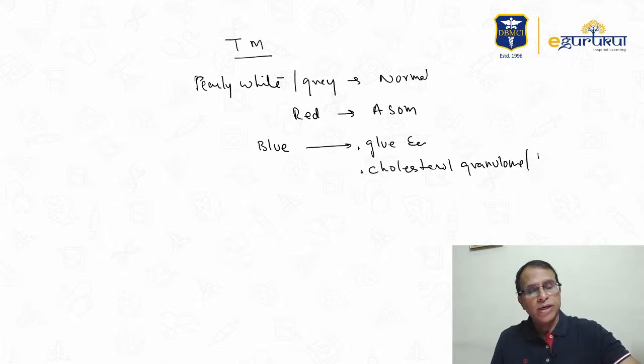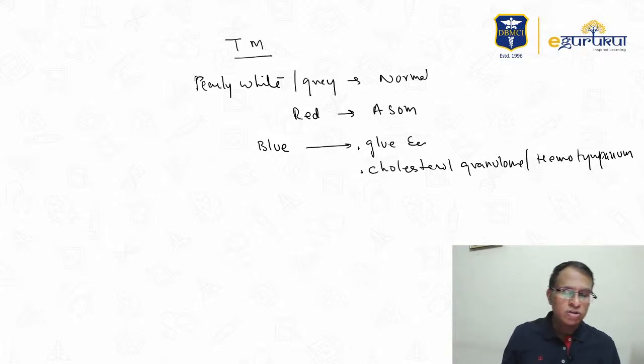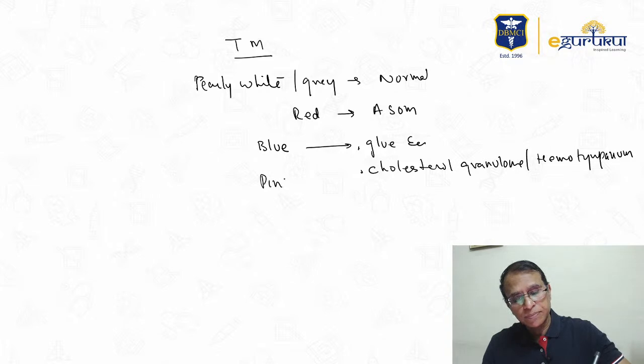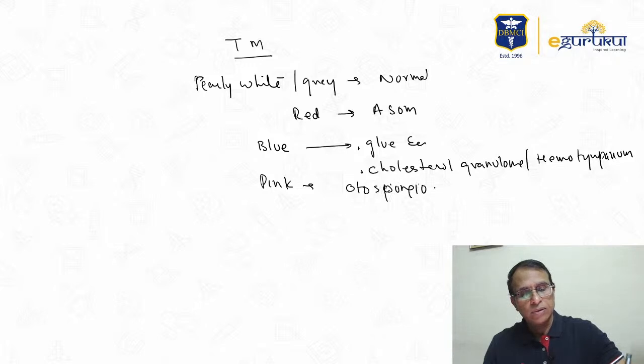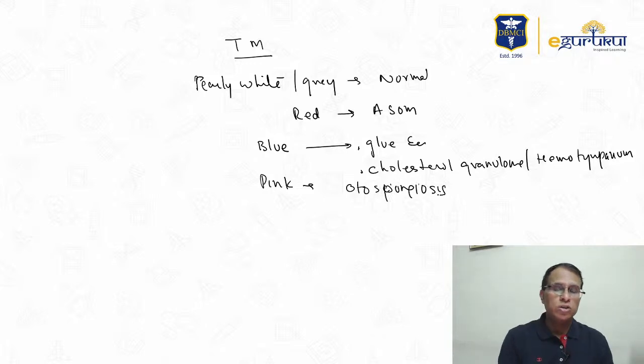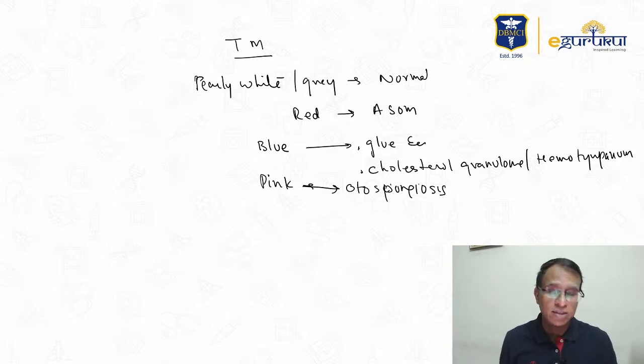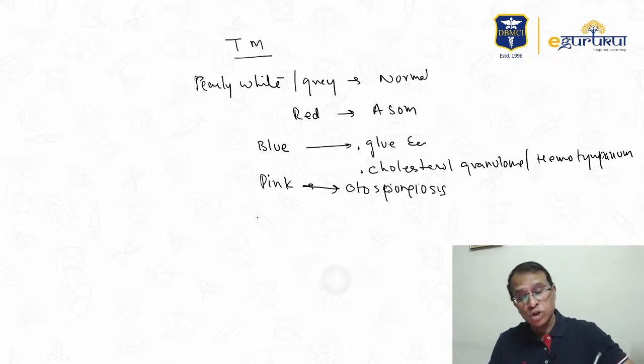Cholesterol granuloma is also called hemotympanum. Hemo is blood, tympanum is middle ear. Blood in the middle ear for a long duration of time causes cholesterol formation, and that causes a blue tympanic membrane. Pink tympanic membrane is otospongiosis. The active stage of otosclerosis is called otospongiosis, where you have a pink blush, flamingo pink blush, Schwartze sign it's called, I'm sure you know this, and chalky white.